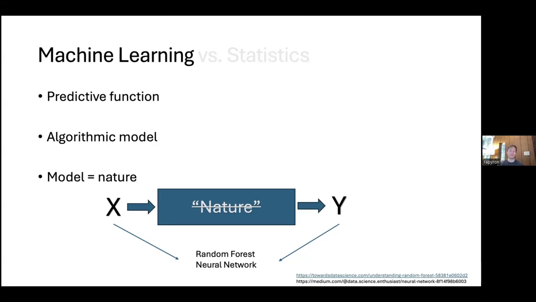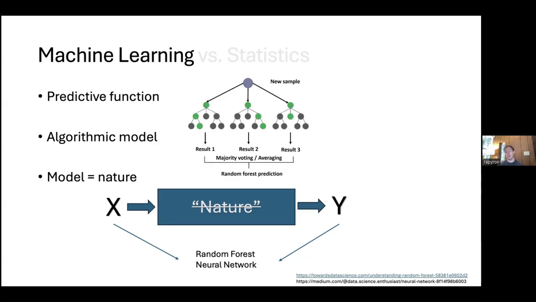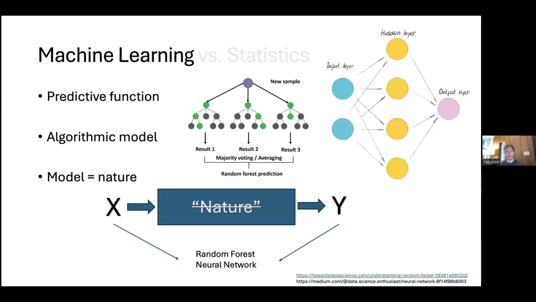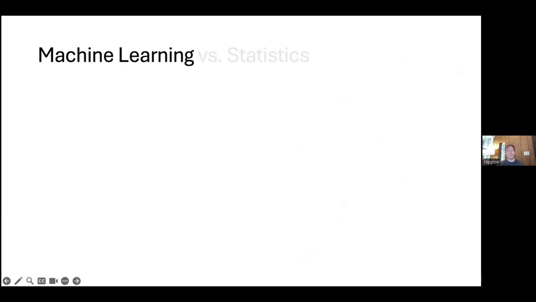And so two examples of this are algorithms like random forests and neural networks. And I'll talk a little bit about neural networks. But something like ChatGPT, or a large language model, is a neural network like this architecture on the right. And so one of the major early and still ongoing reluctances or anxieties that a lot of people have about machine learning algorithms is that they often seem like they're leading us towards a lot of the basic statistical sins that we had drilled into us not to do.